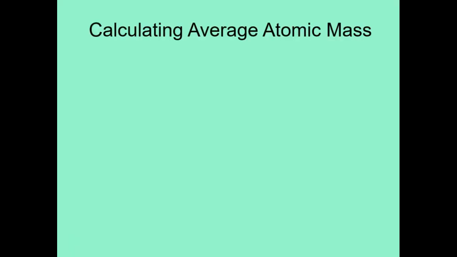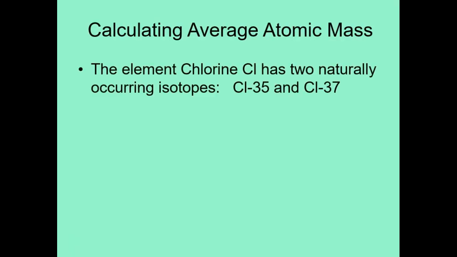How does this work? When you're calculating average atomic mass, let's take the chlorine isotopes for a minute. If I have the element chlorine and it has two naturally occurring isotopes, which are chlorine 35 and chlorine 37. I think I told you in an earlier video when I did the hyphen notation that you might not see these very often, where they just have the symbol and the mass.